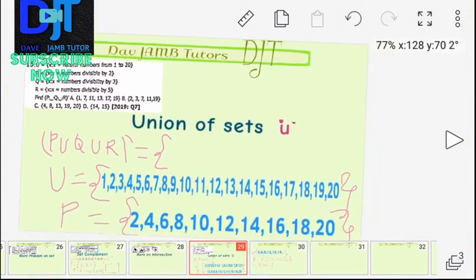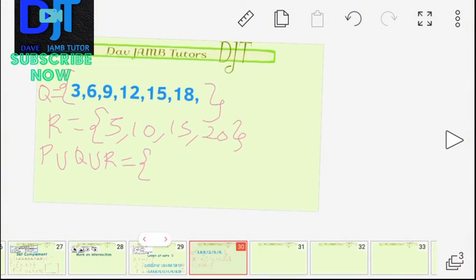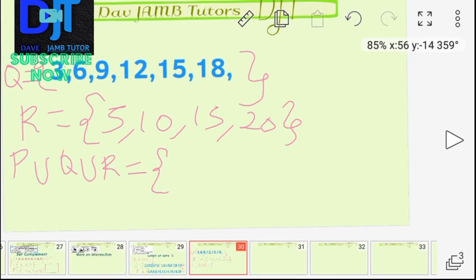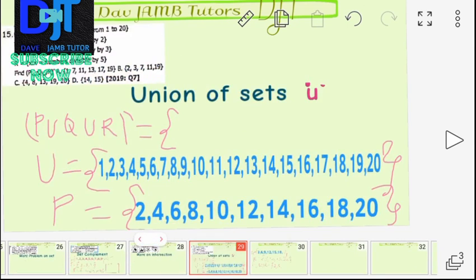I won't go back to the values because I already have them. I just believe that you follow and try to understand as I go forward.